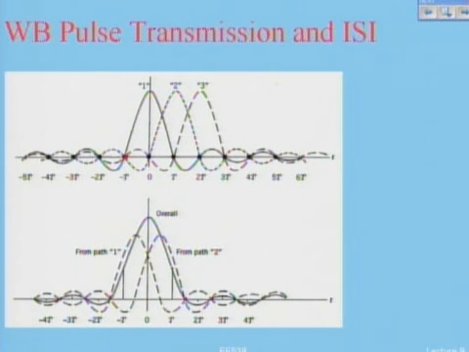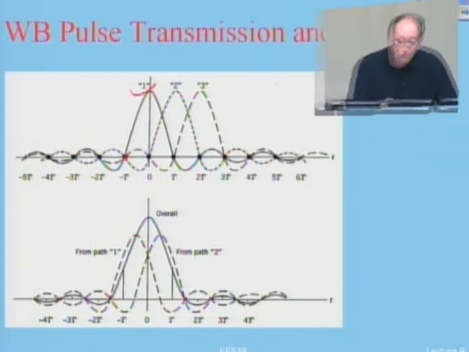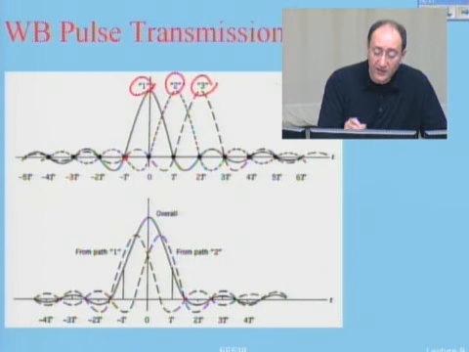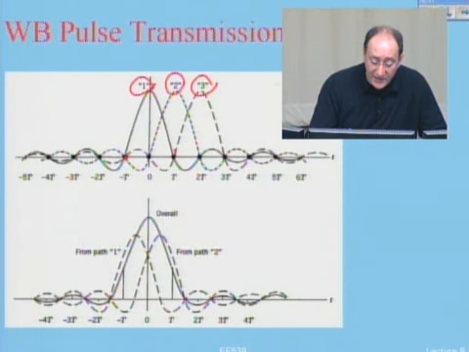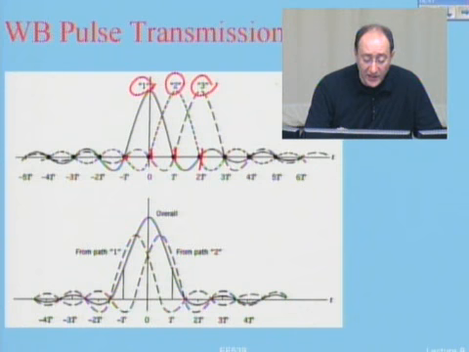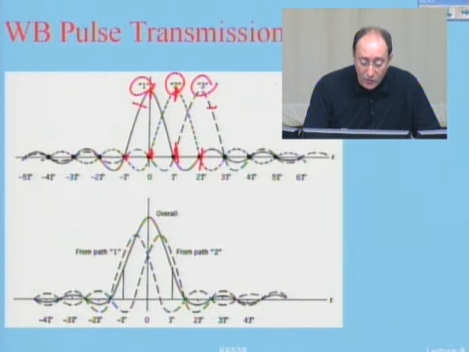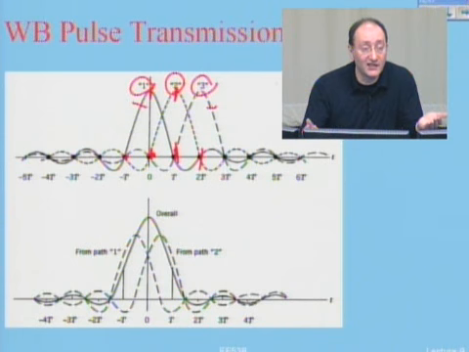If I use raised cosine pulses, I send the first, second, third symbols, and then I sample them here, here, here. And when I sample symbol 3, the effect of symbols 2 and 1 is 0. When I sample symbol 2, the effect of 3 and 1 is 0. When I sample symbol 1, the effect of 2 and 3 is 0. So that's why I select raised cosine pulses.